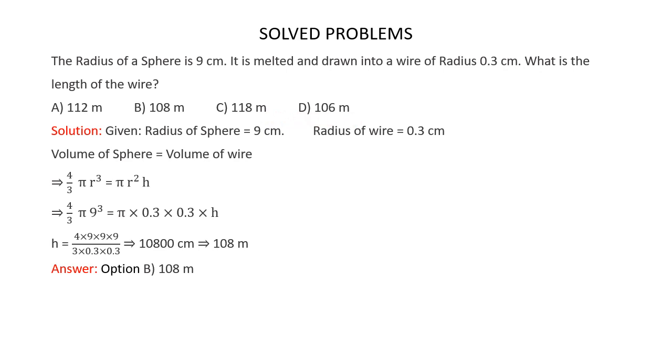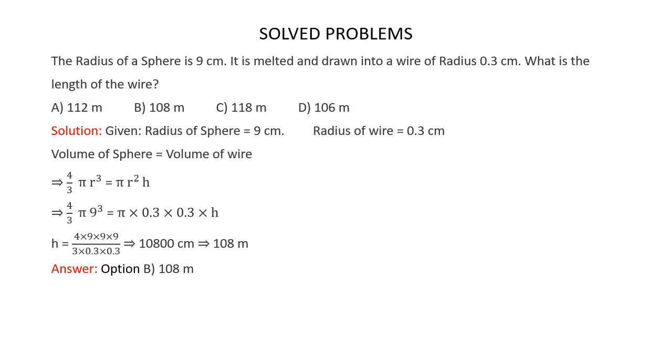So here you are asked to find the length of the wire. Now you know that a wire is cylindrical in shape. So length of the wire would be nothing but the height of the cylinder. So if we find out the height of the cylinder, then we'll know the length of the wire.